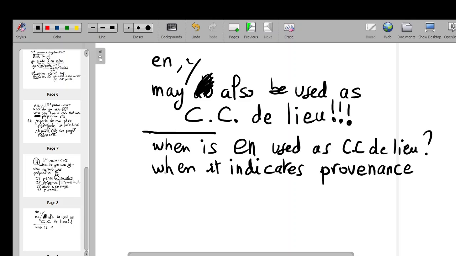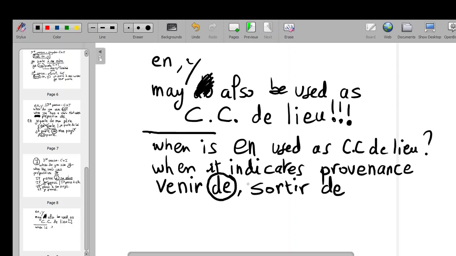So you would use it when the verb is like venir de, sortir de. The important part is the preposition de. So it indicates provenance, where it's coming from.